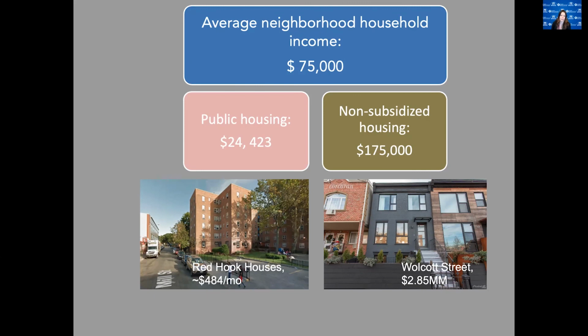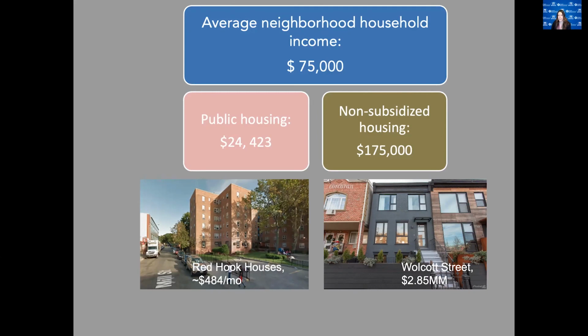And so for those of you who have been to Red Hook, you know that it's a very interesting neighborhood socioeconomically. There's a very large public housing development in the center of Red Hook. And then there's much more sort of upscale housing towards the shoreline. And so if you were to say, take the average neighborhood household income in Red Hook, you would wind up with something like $75,000.